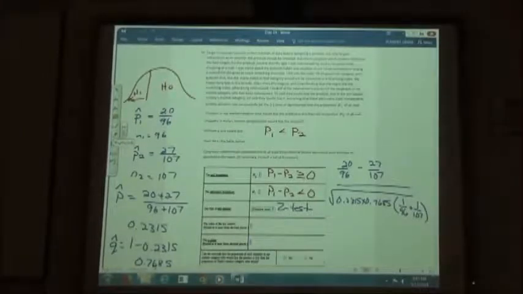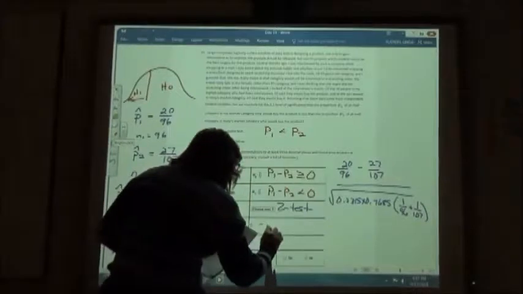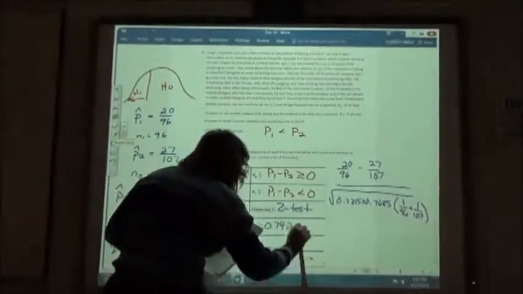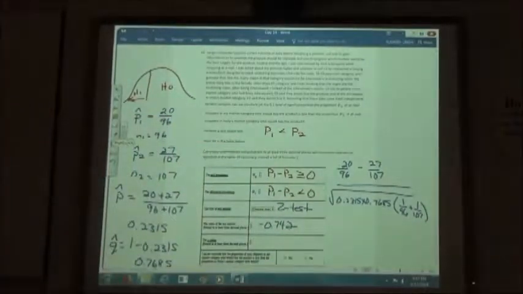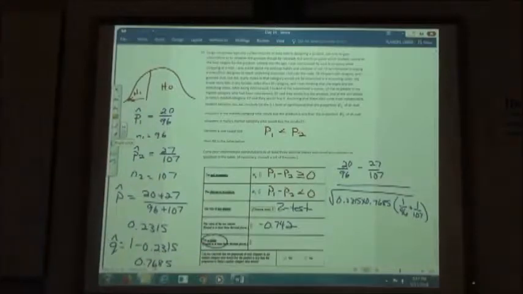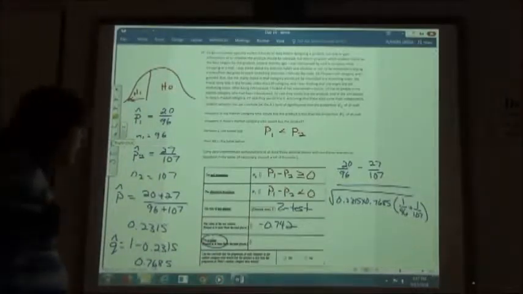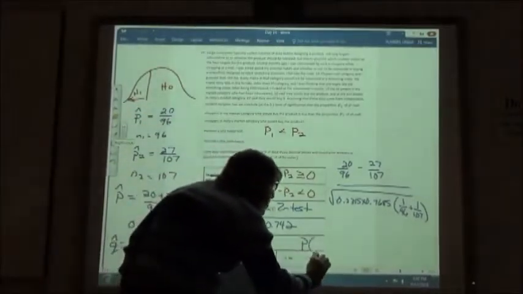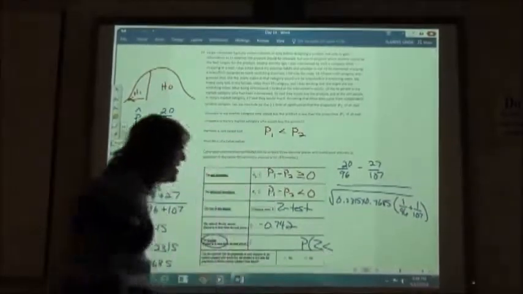The test value is negative 0.7421. So we'll round that off to negative 0.742, right? 3 decimal places. Negative 0.742. This one we are finding the p-value. Since we're doing the p-value on our calculator, we use P of z is less than.